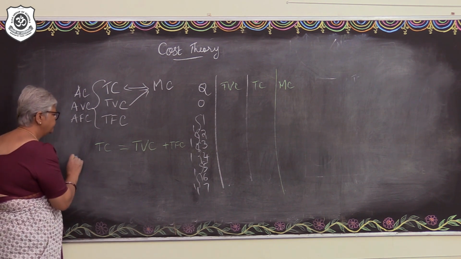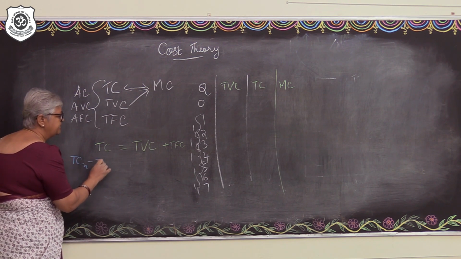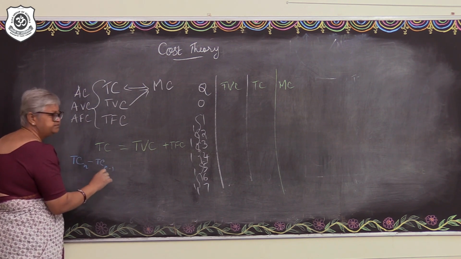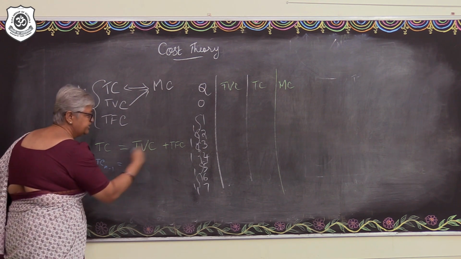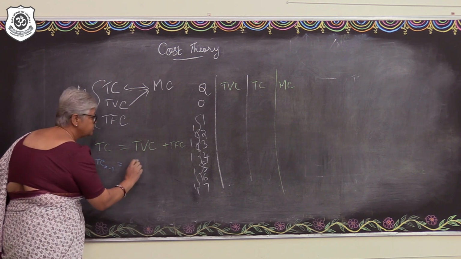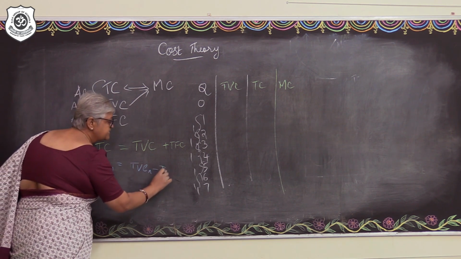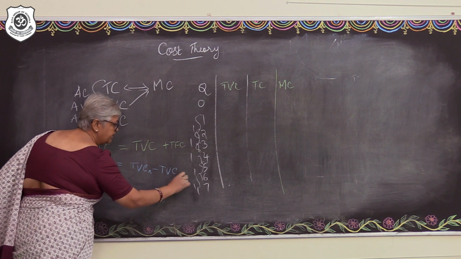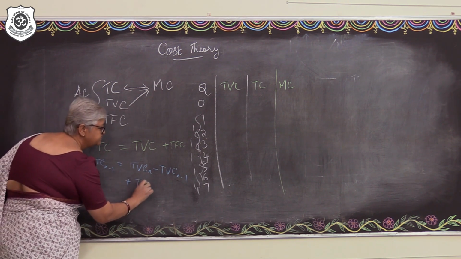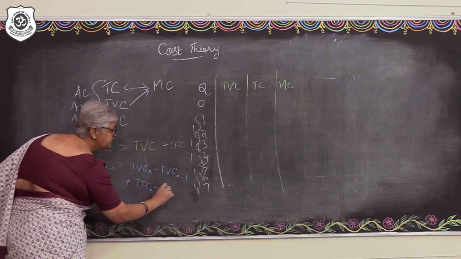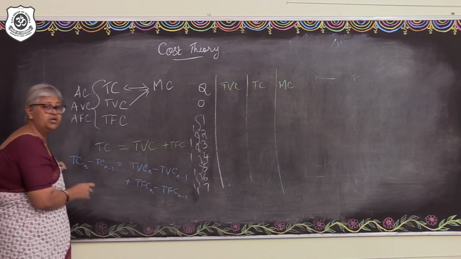Fine? So, if I introduce change, this will become TCn minus TCn-1. Fine? Right? So, this will result in change in the variable cost also. So, this will be now TVCn minus TVCn-1 plus TFCn minus TFCn-1. Right?